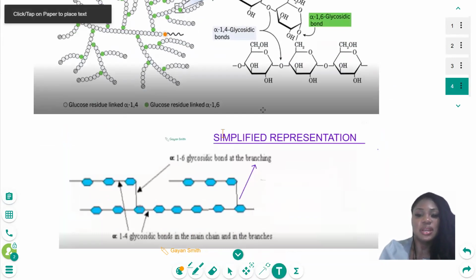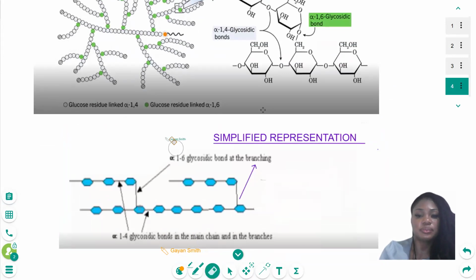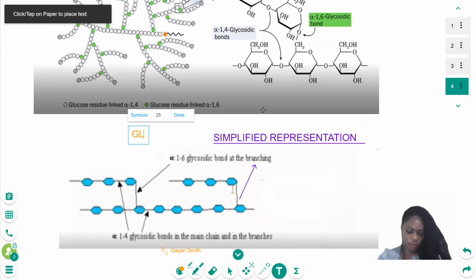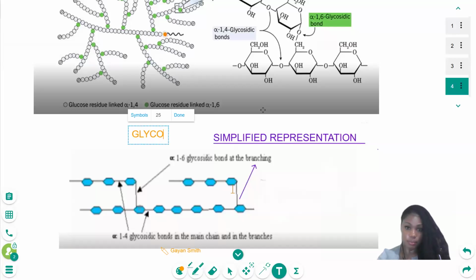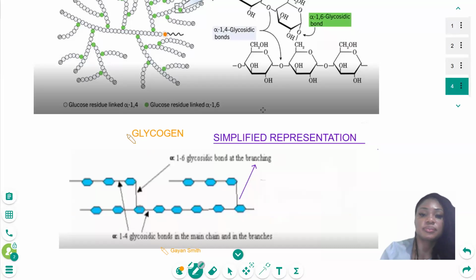So here we have, yes. So here you can see that in the straight chains, we have the alpha 1,4 linkages.